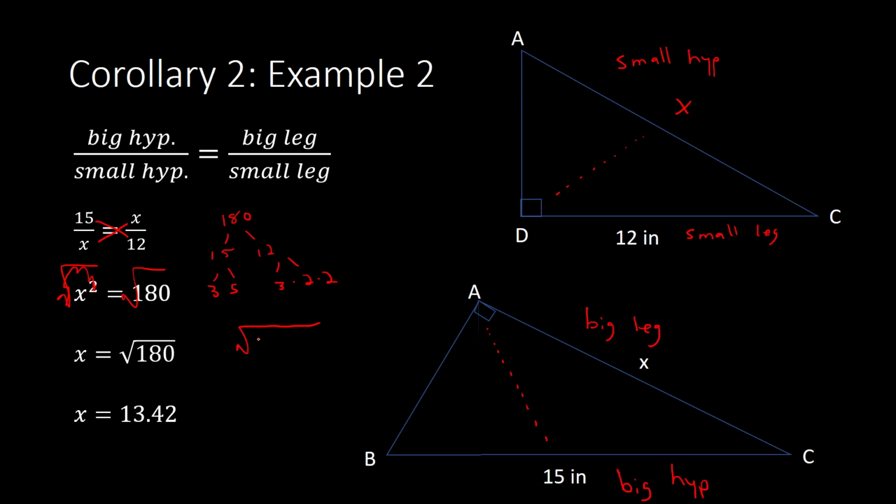So if I simplify this, I have 3 times 3 times 2 times 2 times 5. I can pull out a group of 3's. So I got a 3 on the outside. And then pull out a group of 2's. So I have a 2 on the outside. Now I have 2 times 3, which is 6, and then a square root of 5 left over. So either is fine, just make sure that you follow directions. And that concludes our lesson for today. We will see you next time.